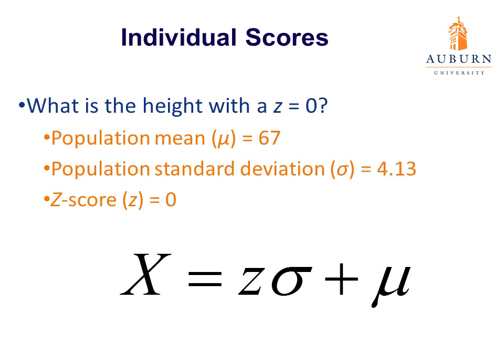So let's go through an example. So let's say someone has the height of a z-score of 0. So again, instead of given inches, we're told that this particular person has a height of a z-score of 0, or 0z. What would be the height of that particular student? Well, we could take that z-score, 0, put it in place of z in our formula, then replace our standard deviation, which is 4.13, and we multiply those two together. So 0 times 4.13 would be 0.